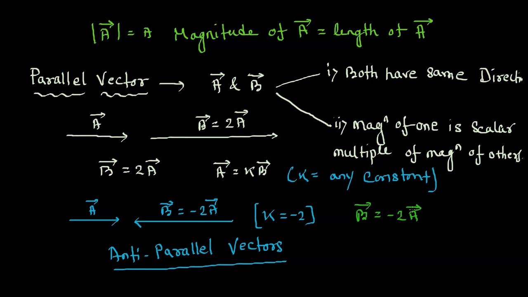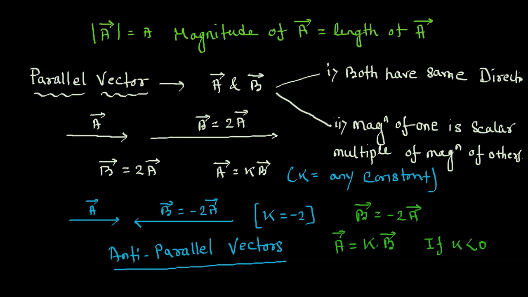So the magnitude of A is K times the magnitude of B. If I write it this way mathematically, that is K times B vector. It is only possible with opposite direction if K is less than 0.